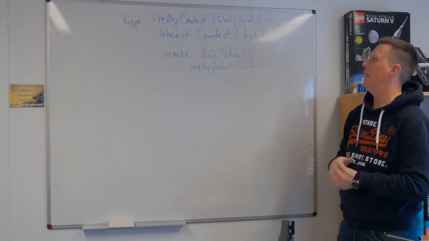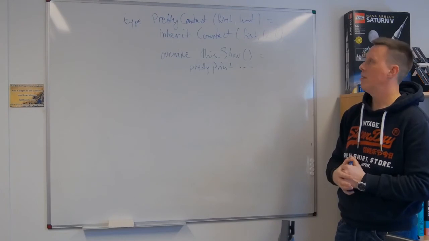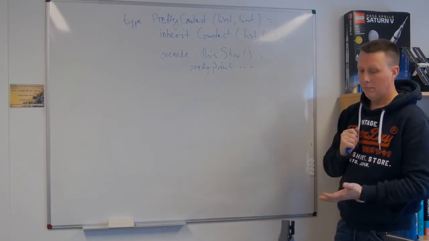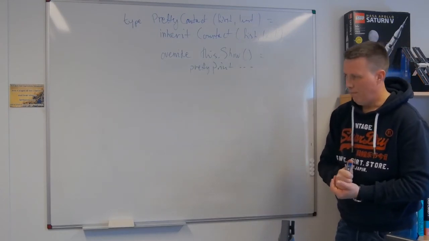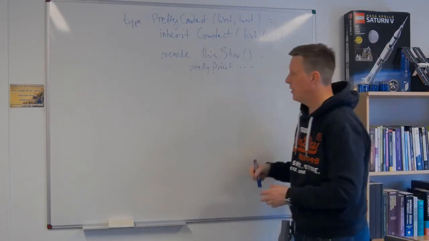So here you have basic inheritance with overrides. Now I can create two types of objects.